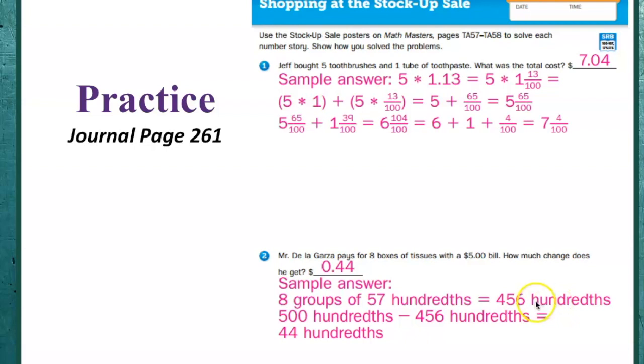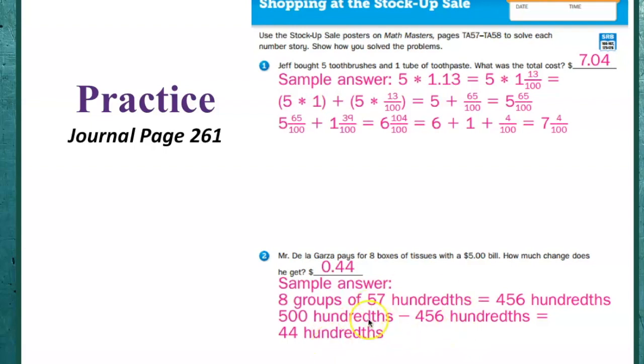Now, we need to take 500 hundredths, or if it were me, I would just do, like I said before for the top one, $5 minus, well, I know that 456 hundredths is the same thing as $4.56. So I would take $5 minus $4.56, and I would get 44 cents.